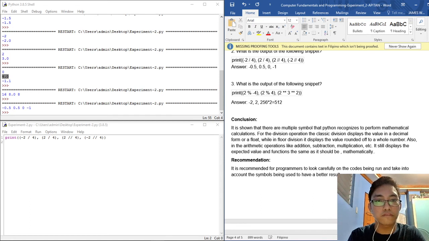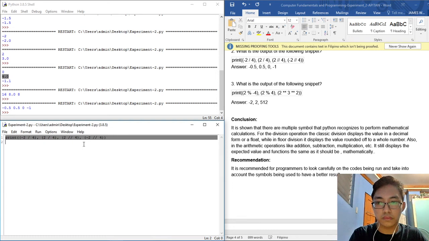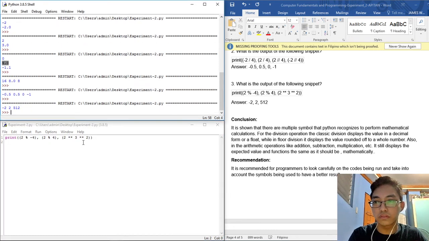So the result is 512. Negative 2, positive 2, and 512. So let's see if these are true. Okay, so negative 2, positive 2, 512.